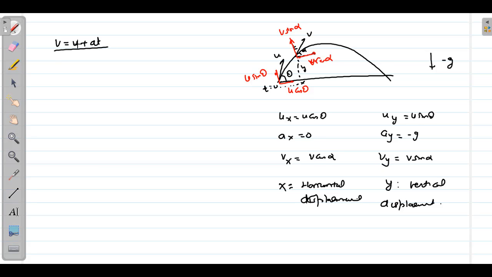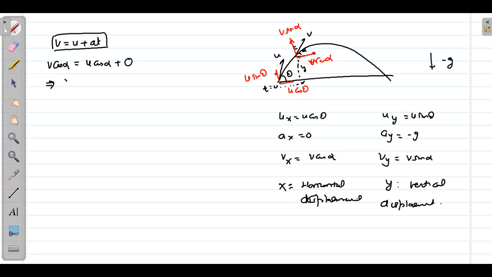We are using it, and we get final velocity after time t, it is v cos alpha, that is equal to initial u cos alpha plus, because along the horizontal direction there is no acceleration, so it is 0.